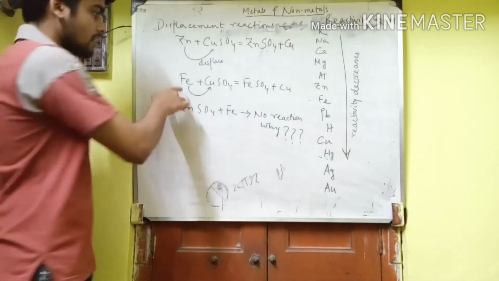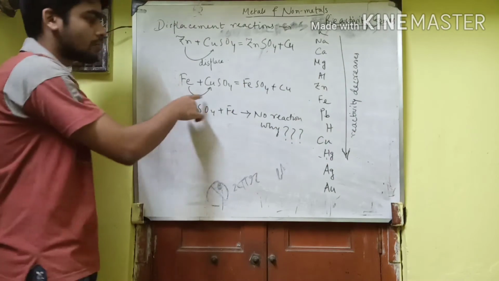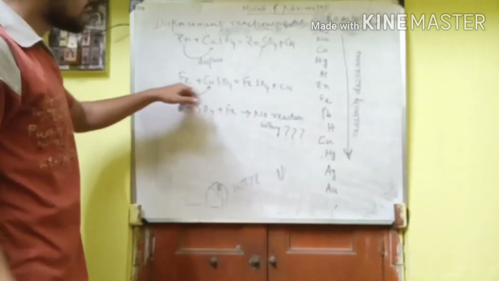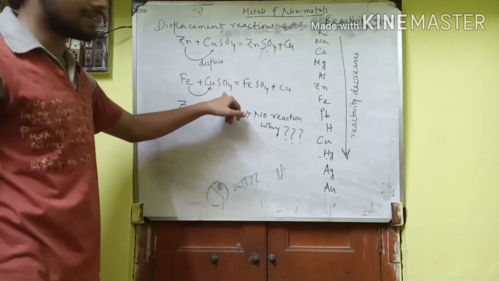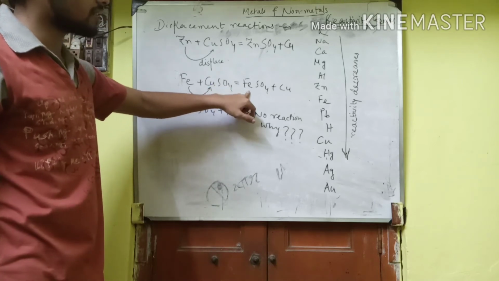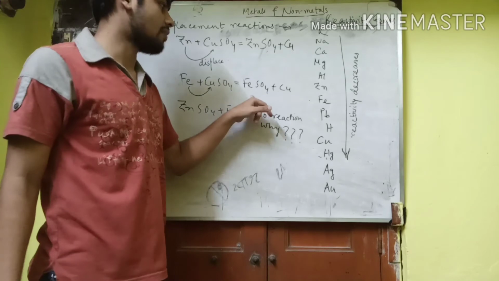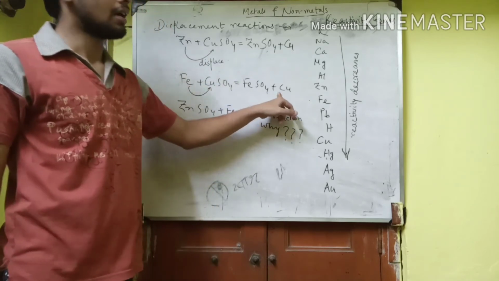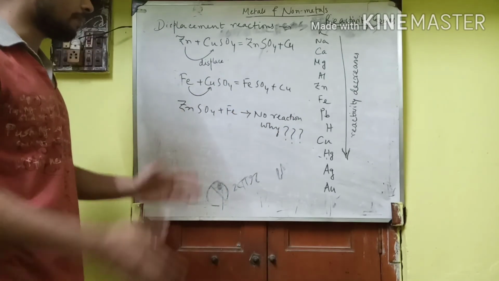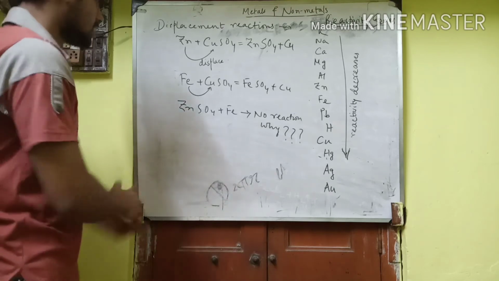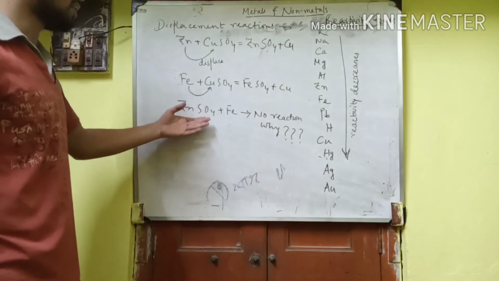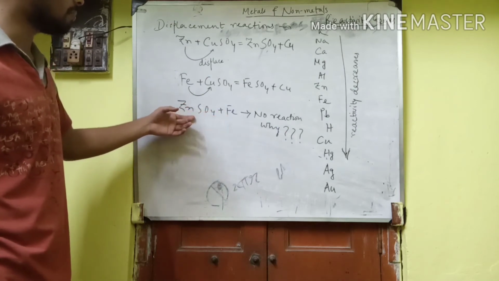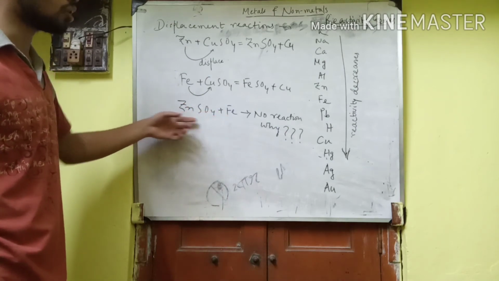Okay. Similarly, ferrous, that is iron, when it reacts with copper sulfate, it also displaces copper from its compound, from its salt, and takes its place and becomes FeSO4, ferrous sulfate, leaving behind copper single. But similarly, ZnSO4 plus Fe is also a reaction between a metal and a salt of a metal.